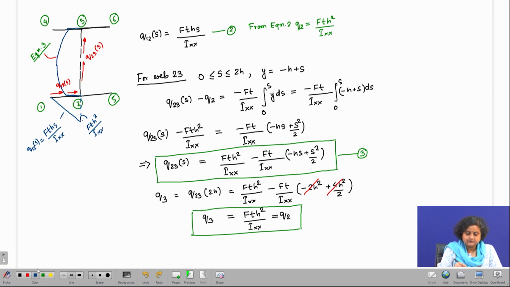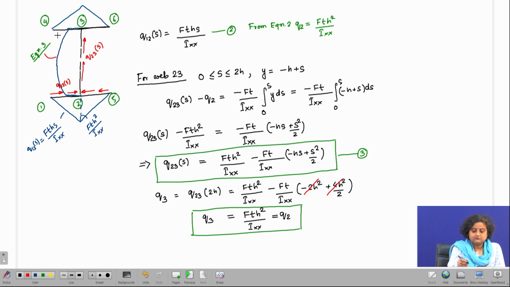So, if we just use the symmetric condition, this is going to be symmetric, this also has to be symmetric. The shear flow is going to be like this.